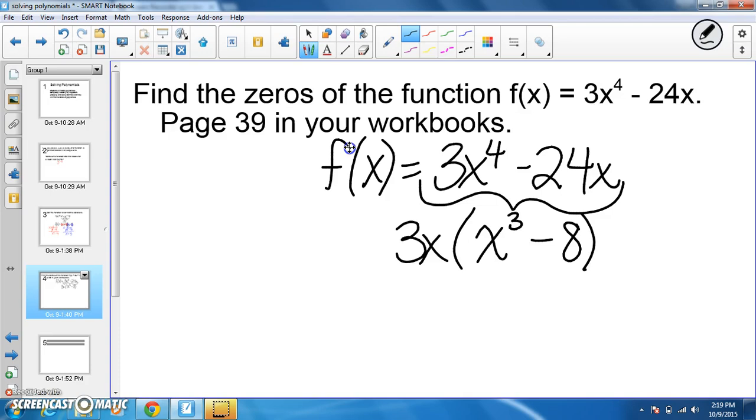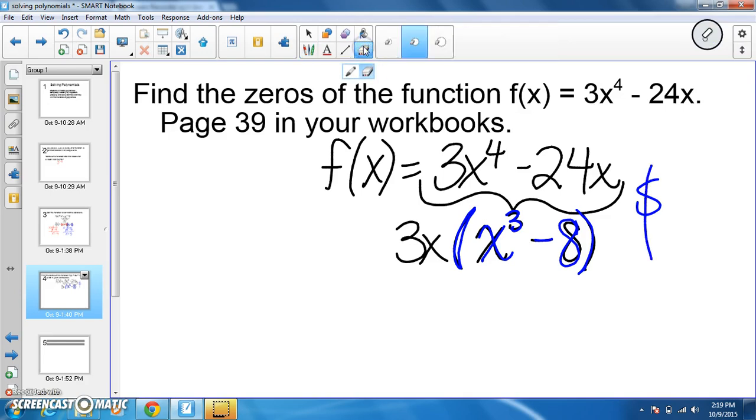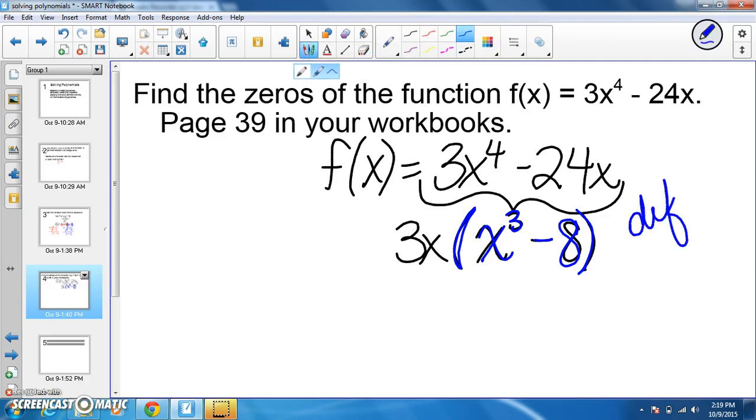I know we all know that we're not done here because this x to the 3rd minus 8 is one of our favorite polynomial identities. It is a difference, not sum, difference of cubes.